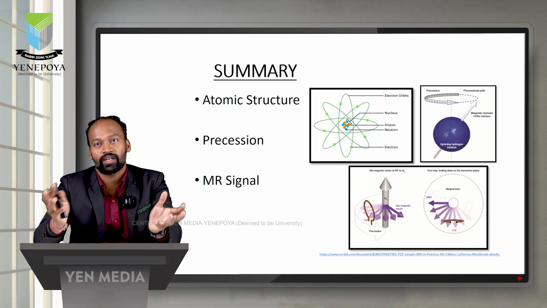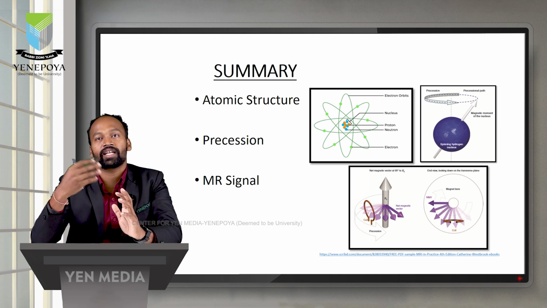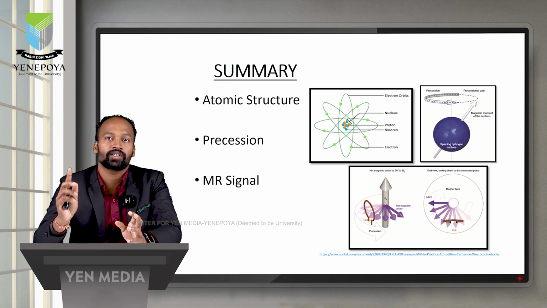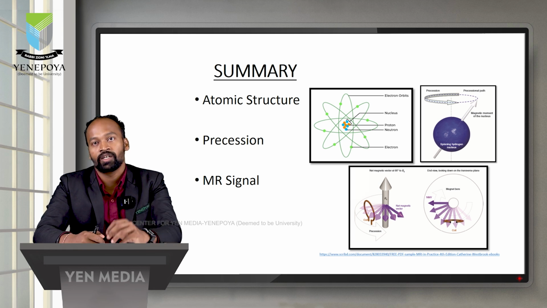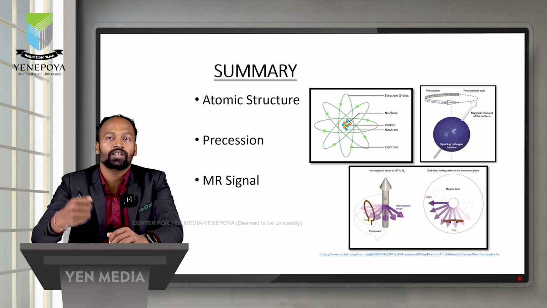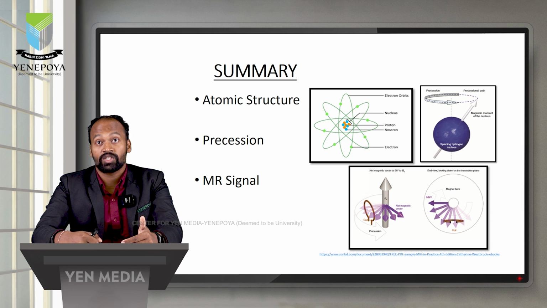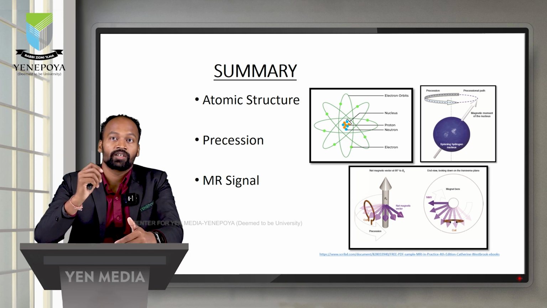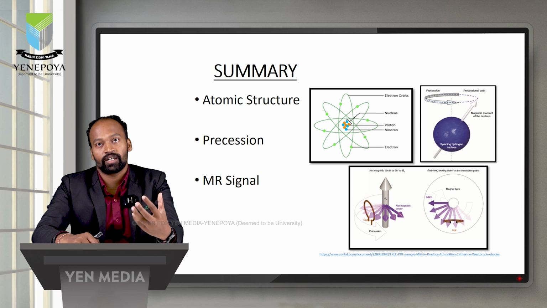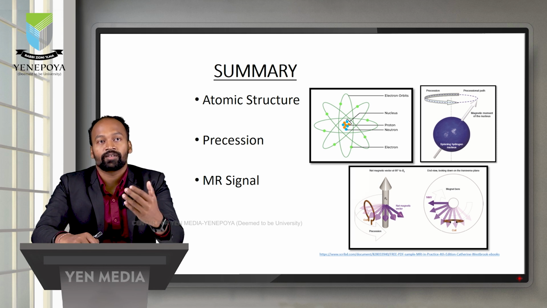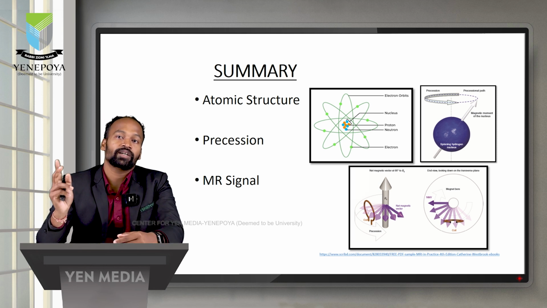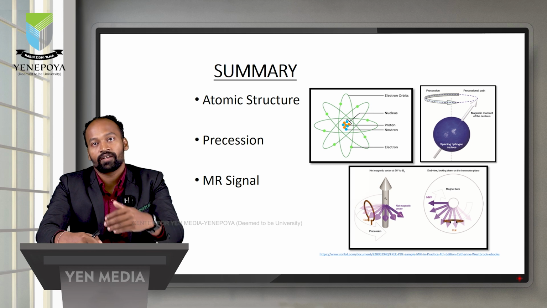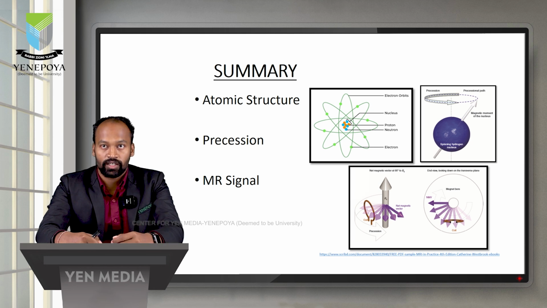Precession means the external energy we give to the hydrogen atom makes it spin or wobble. We saw the precessional path, which is the path in the same direction the atom is rotating, and the precessional frequency, the speed at which the hydrogen nucleus spins around its own axis.